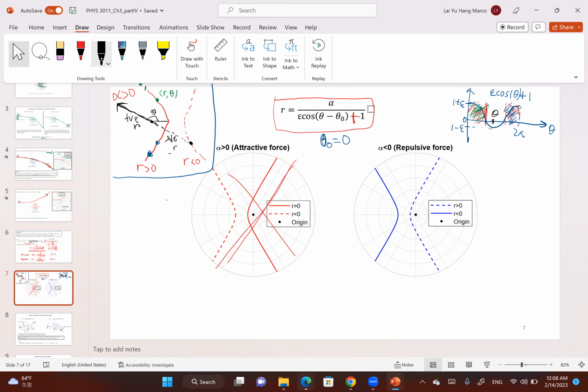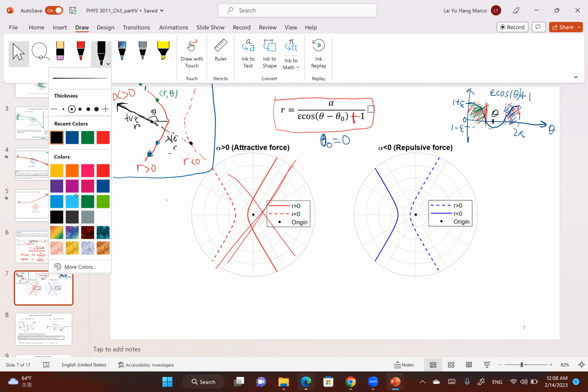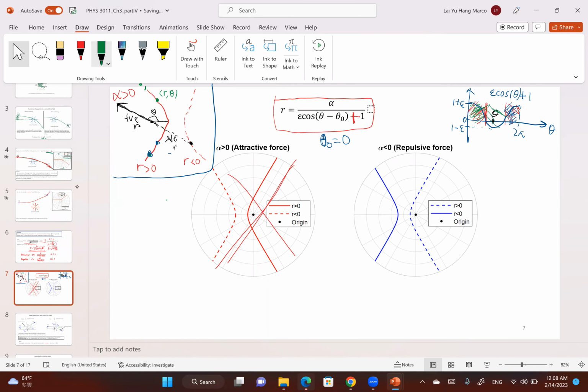Because alpha this time is negative. So I want a negative number divided by another negative number to get a positive. So that's why this time I want this range of the theta to give me a positive R result.